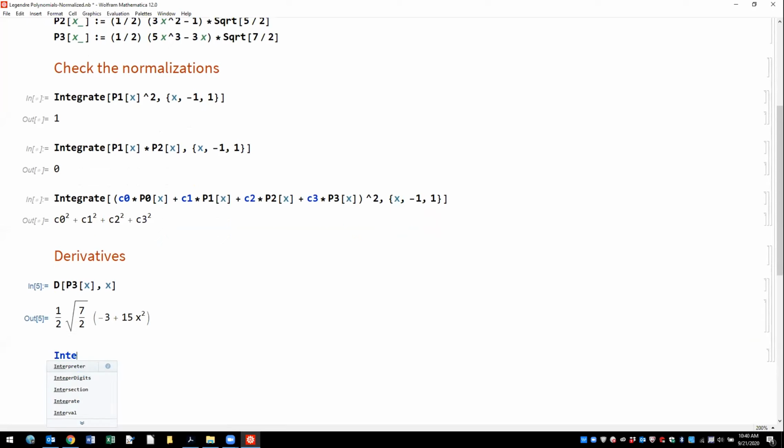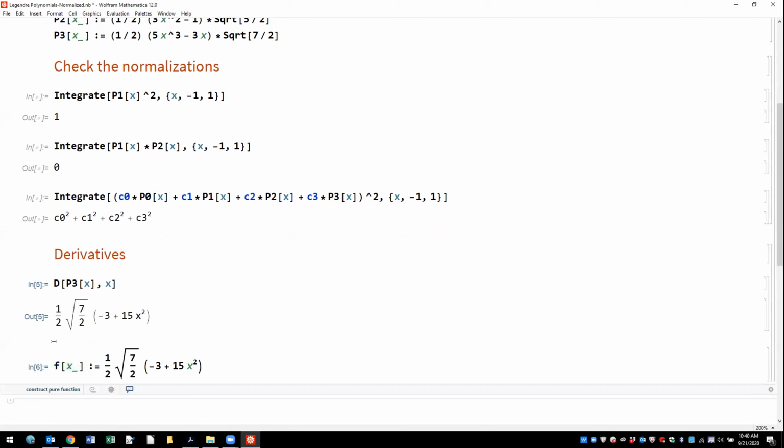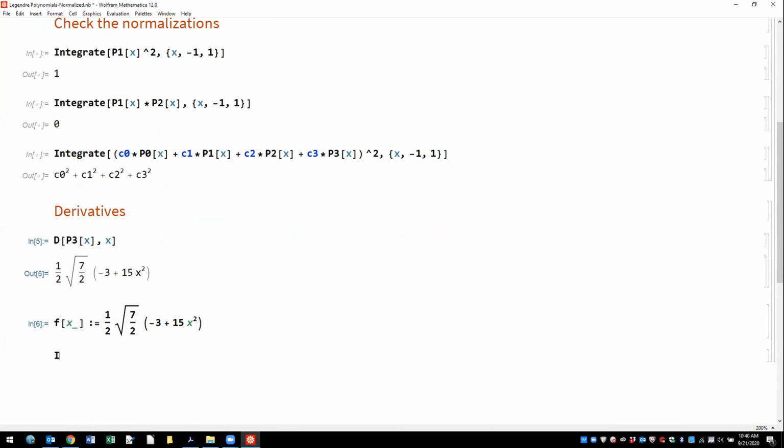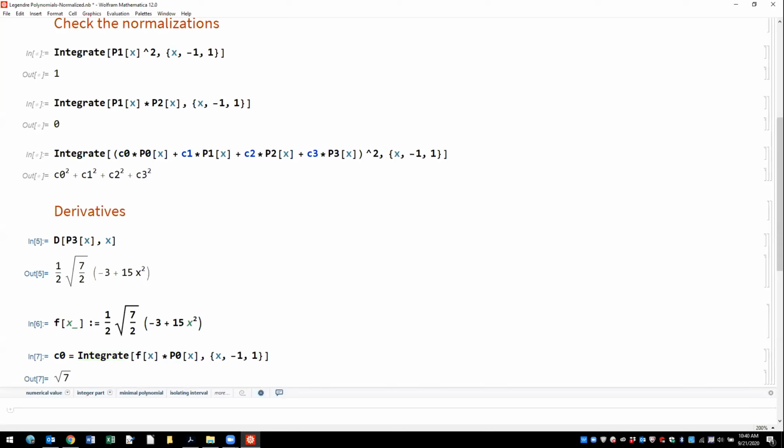So I'm going to say that f of x is defined as that. And then I'm going to say that c0 is equal to the integral of f of x times p0 of x, x from -1 to 1.